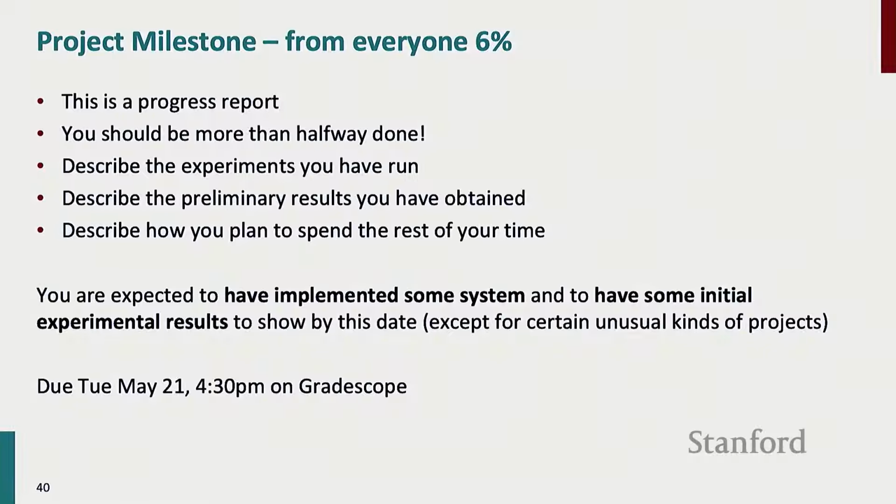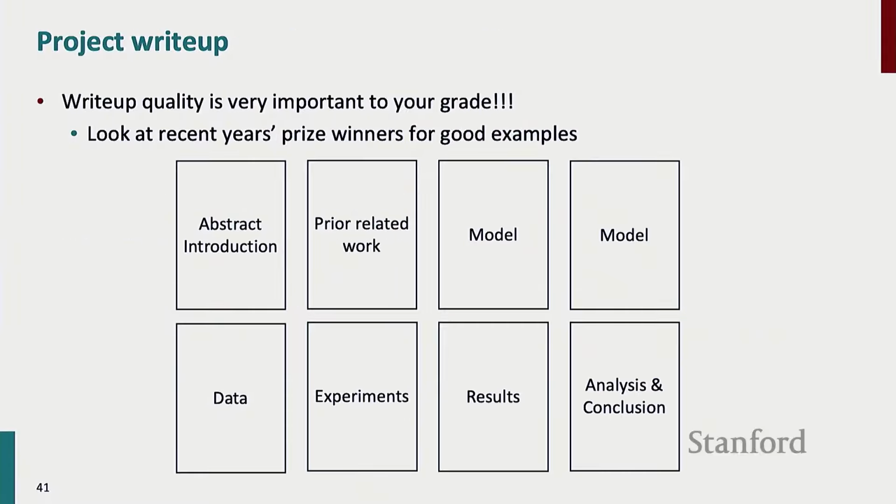For most final projects, I'll say more about this in a minute, the crucial thing we expect for the milestone is that you've got set up and you can run something. It might just be your baseline of looking up the word vectors, but it means you've got the data and the framework and something that you can run and produce a number from it. And then there's the final project.